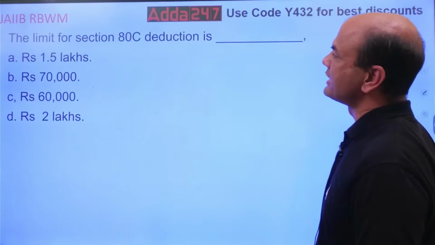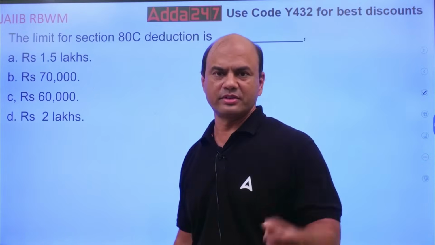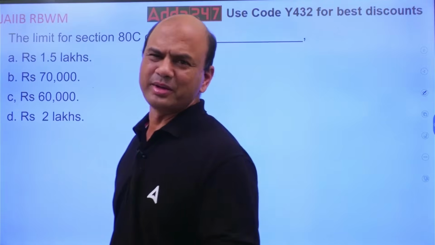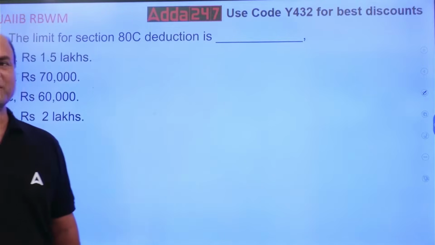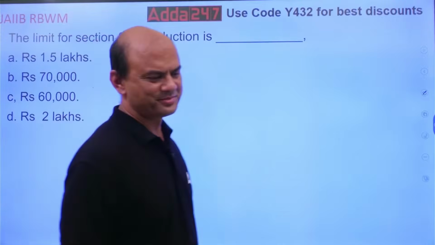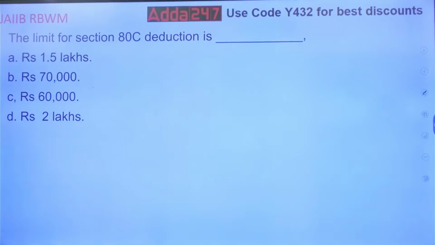The limit of ATC deduction is 1.5 lakh, 70,000, 60,000, or 2 lakhs. You might know this by now, isn't it? So what is the limit? Let me see the comment section.